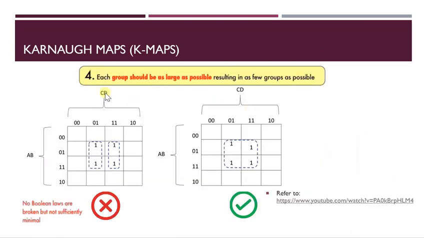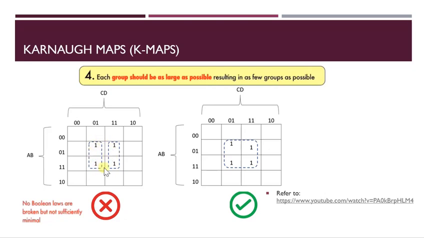Rule number 4, each group should be as large as possible, resulting in as few groups as possible. For example, here at the left-hand side, this one has 2 groups of 2 cells, which is basically correct because it's not violating the number of cells. It groups two cells together, which is correct, 2 to the power of n.